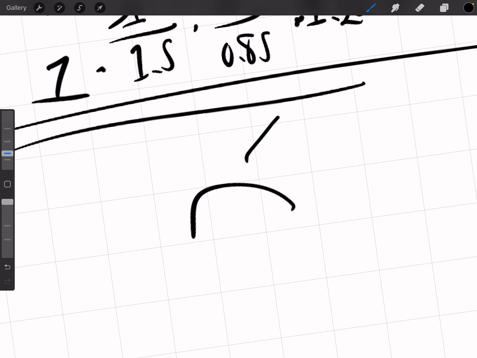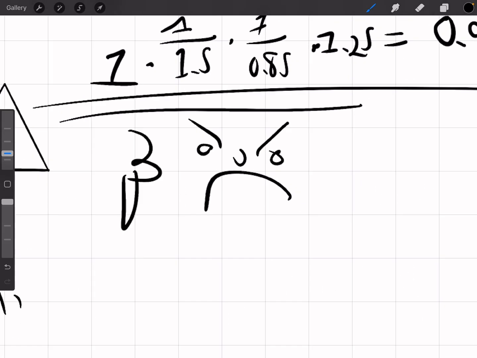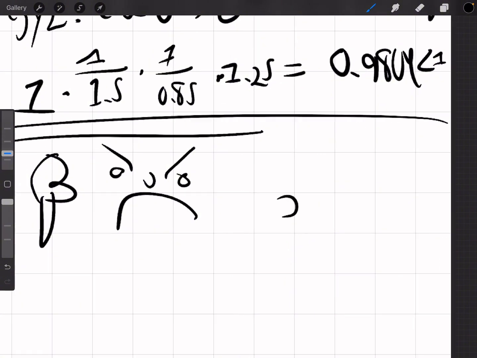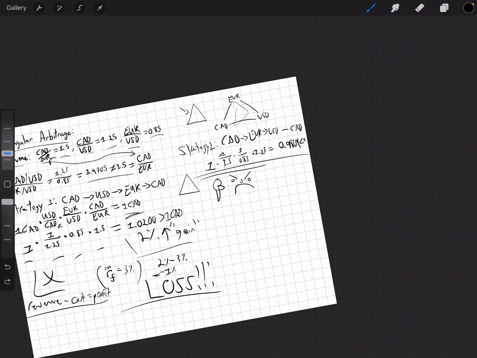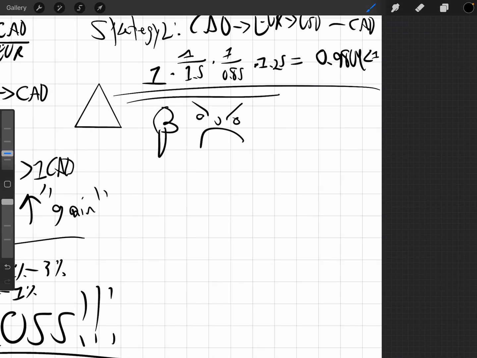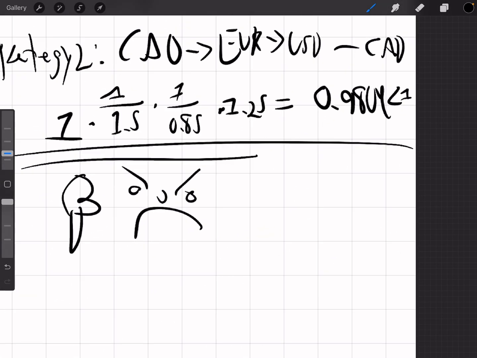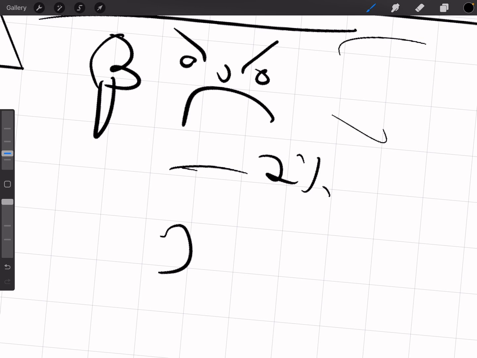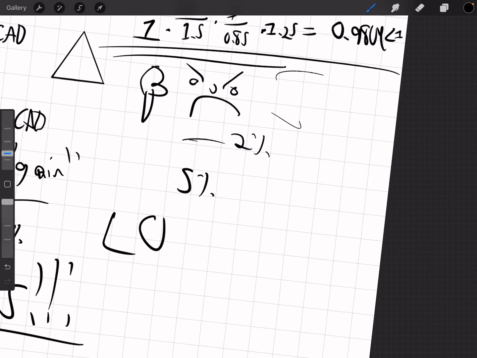Angry face. Sad. Thumbs down. Not good. It's worse than this because the risk-free rate is still 3%, by the way, so you're losing so much money. That's like negative 2% already, essentially, and then you're losing like 5%, so big loss.